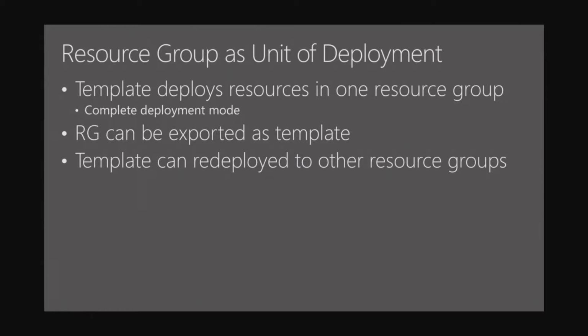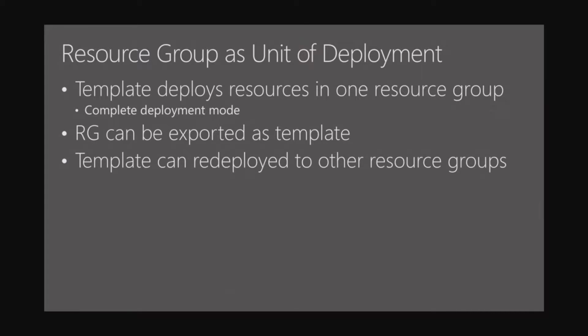You want to reduce the number of VMs. So when you do the complete deployment mode, all the non-referenced resources will be deleted. Then you end up with fewer VMs. But if you use the incremental one, it won't touch the existing VMs. So that's why you want to use complete mode in this case.